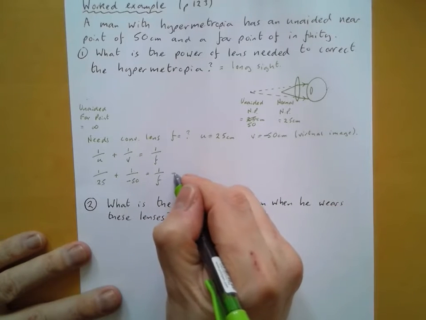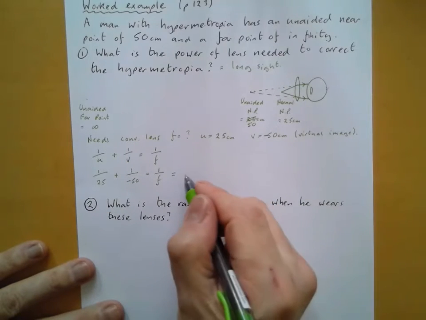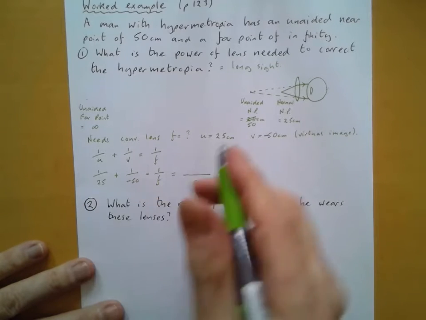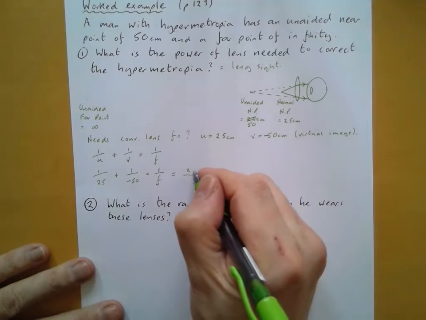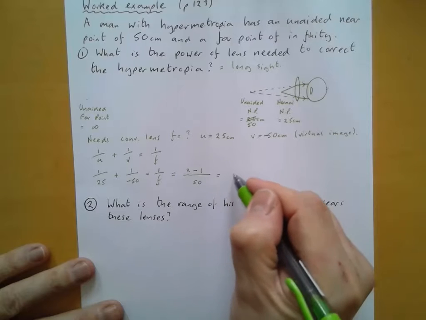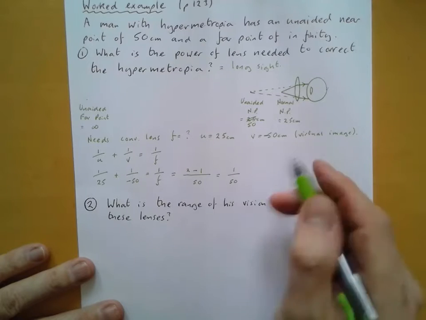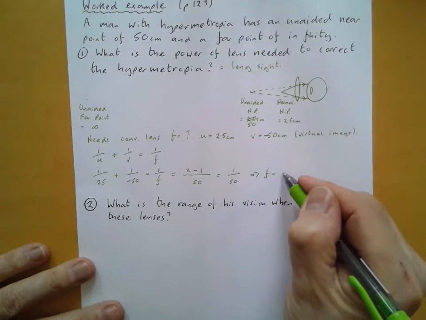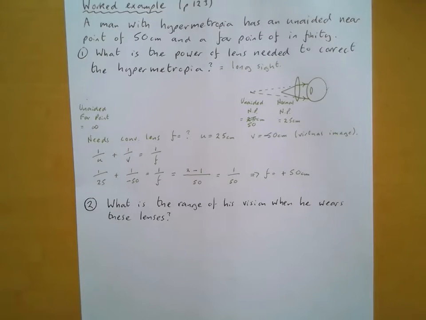No rearrangement is required, so we want to evaluate the left-hand side. Lowest common denominator has to be 50ths. 1/25th is 2/50ths, and -1/50th is -1/50th. 2 minus 1/50th is 1/50th. So 1 over f is 1/50th. Flip the guy, f is equal to positive 50 centimeters.